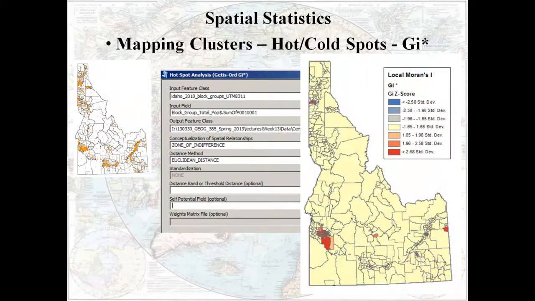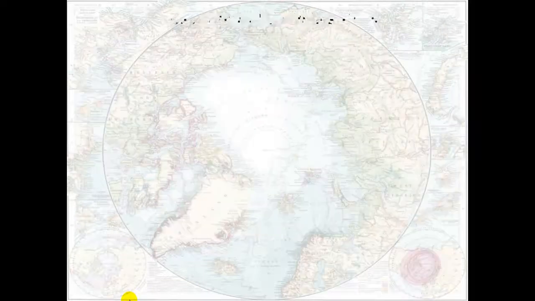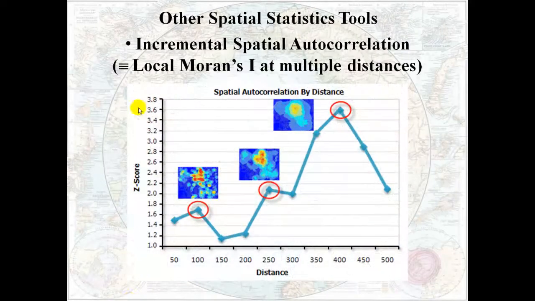Let's run it for Idaho, and we get another map that's kind of like the local Moran's I, but again it's telling us here that we have high value clusters here and some low value clusters that are kind of around the high value clusters in this area and a couple other dispersed ones, but not so many low value clusters as we got from local Moran's I. We can run local Moran's I at multiple distances to see how the high and low value clusters work in terms of different distances of considering things neighbors of each other.